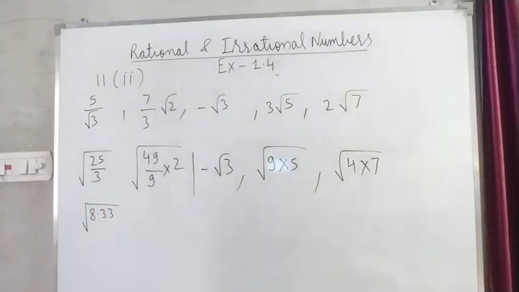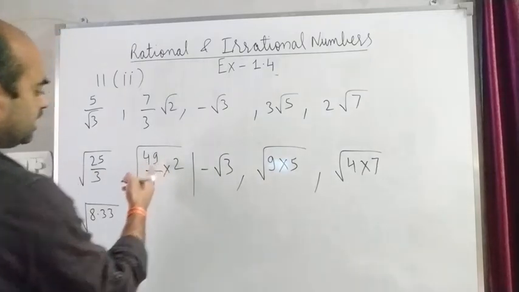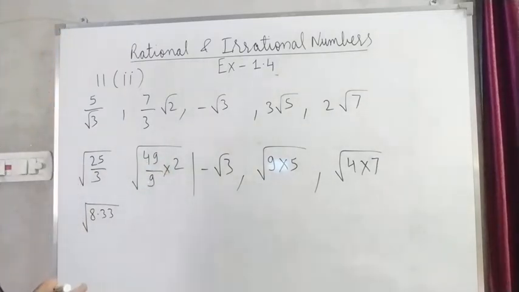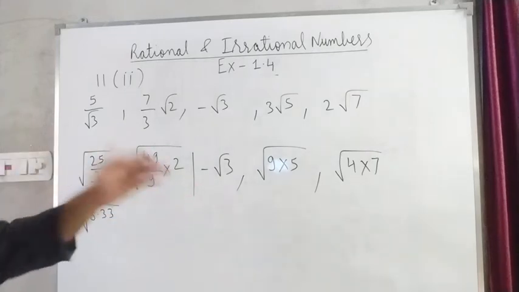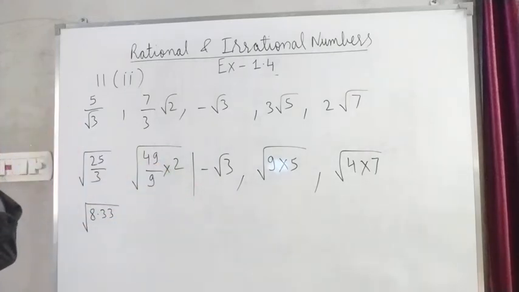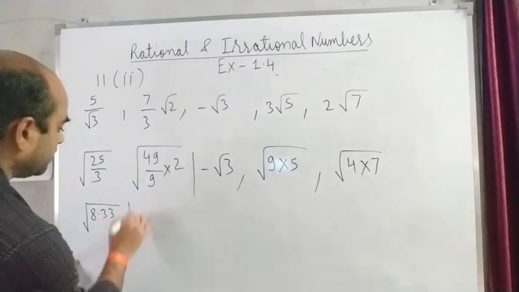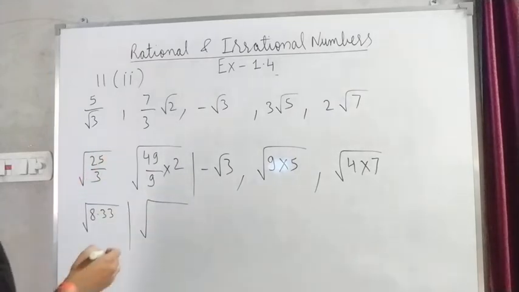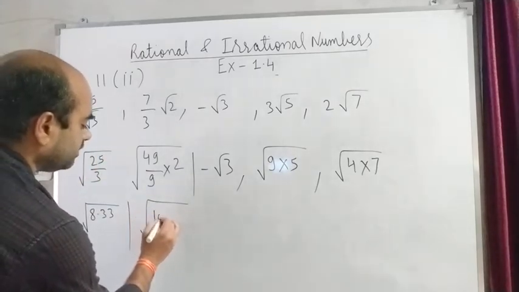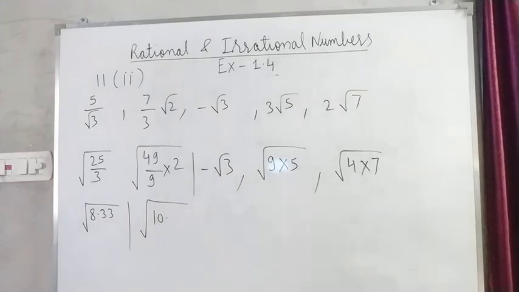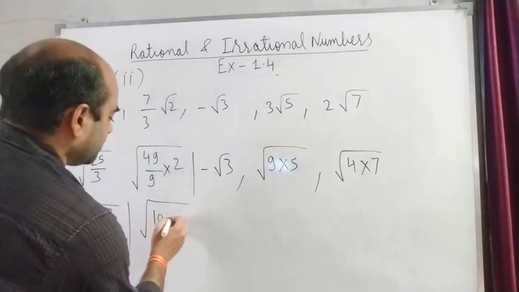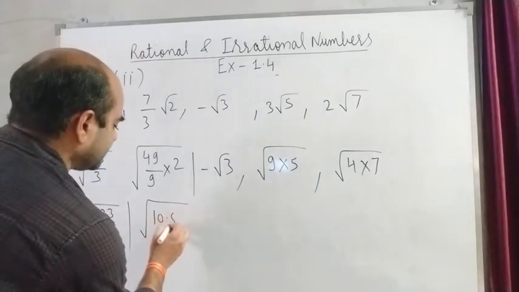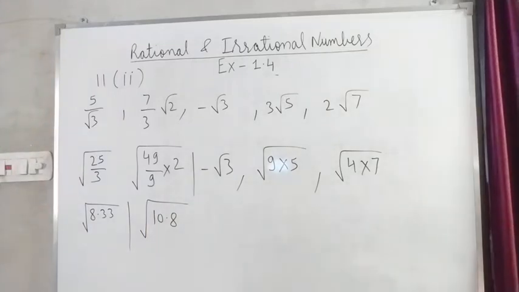So finally, root 25 by 3 we can write as 8.33. Next one is 98 by 9. Correct? 49 into 2 is 98, upon 9.